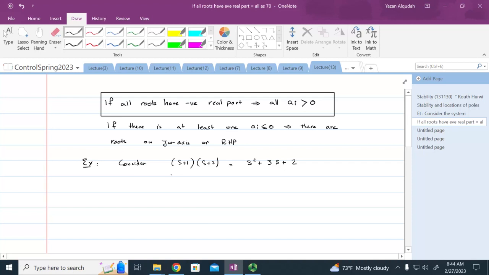What are the roots that I have here? Negative 1 and negative 2. They're in the left half plane. And if I look at the coefficients, what are they? Positive, positive. Make sense?